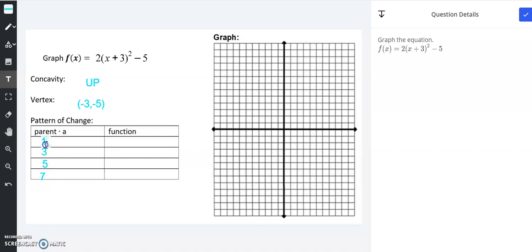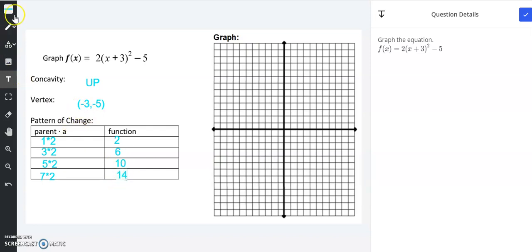And our a in all of these is 2. 1 times 2, 3 times 2, and 5 times 2, and we'll probably not even use this one down here, but our answers here are 2, 3 times 2 is 6, 10, and finally 14.